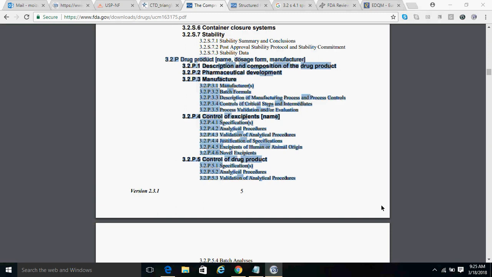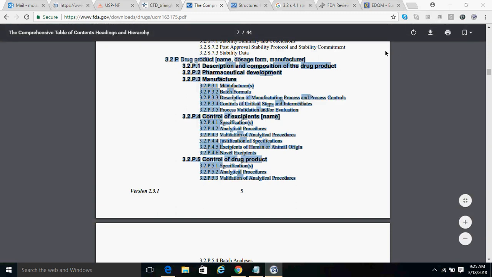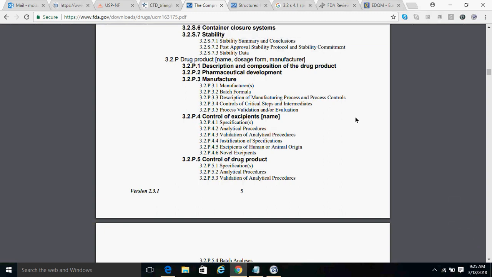Hello, Assalamu alaikum. Wa alaikum salam. In the formulation, first of all, we will finalize the API by taking many trials, and once the RS content and stability is okay, we will try the API from different vendors by taking 2-3 lots from different vendors, and we will go for the trials and analyze for assay, RS and stability.